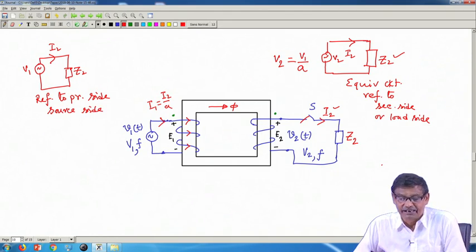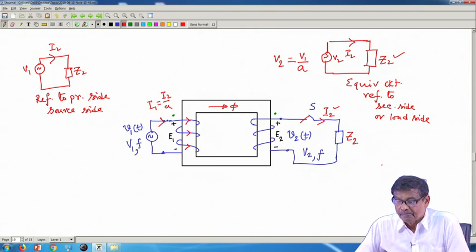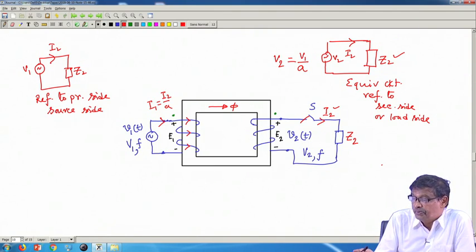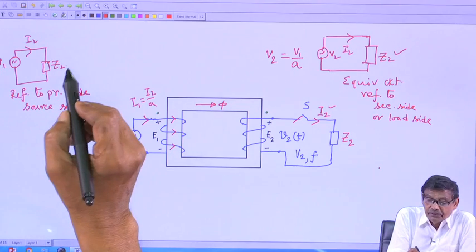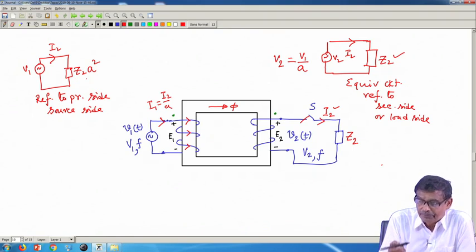So the rule is very clear. Any impedance you bring from the secondary side to the source side, you multiply it by A squared. It should not be Z2, it is A squared into Z2.